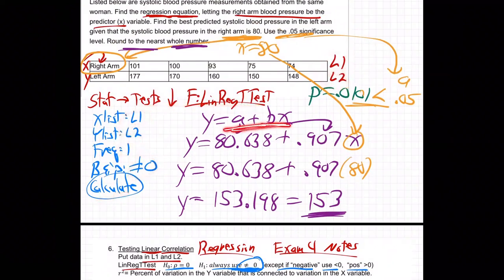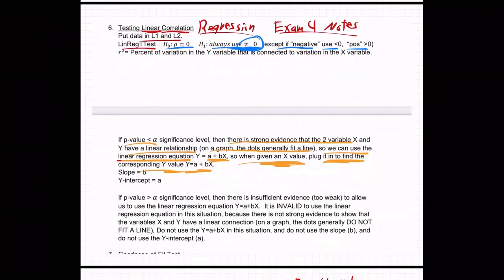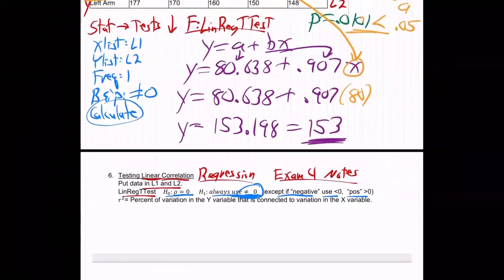We got y equals a plus bx on our calculator. It told me what a and b are, so I put those in. And then right here it said the right arm is 80, and the right arm is x, which it says right here. So x is 80, plug in 80, work it out in your calculator. It even says it right here: when given an x value, plug it in to find the y value, which we did.